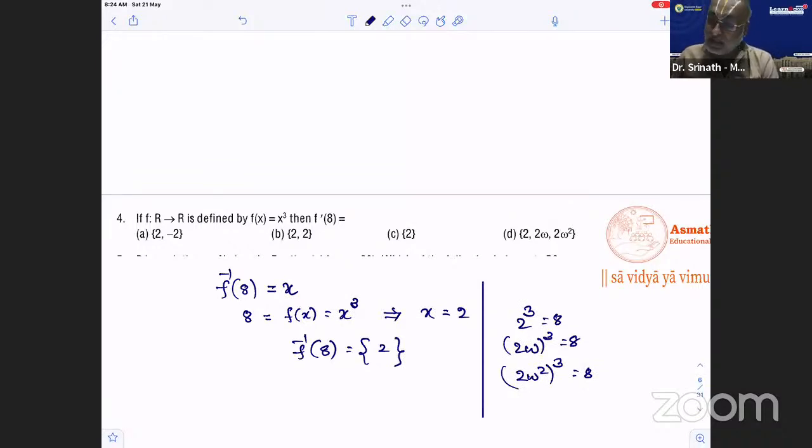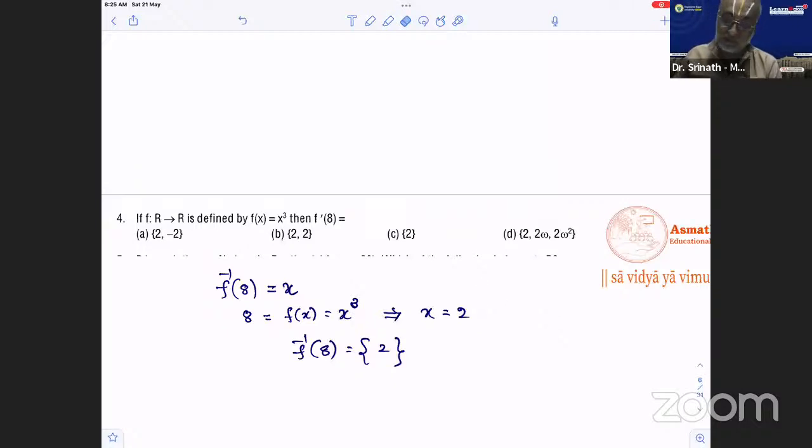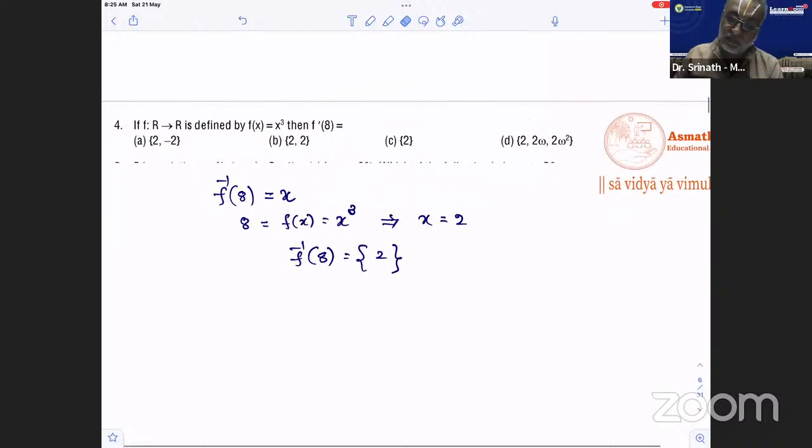We cannot choose answer B because the function is from R to R. Had it been f from C to C, where C is the set of complex numbers, then we could have chosen D as the better option. I hope you're able to follow this. So kindly note and understand these problems. The options may be a little tricky. So the answer for you is this C.